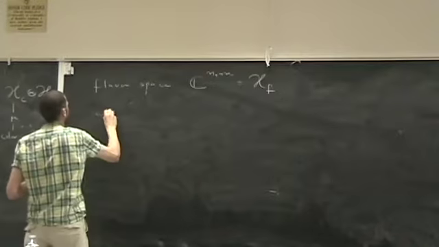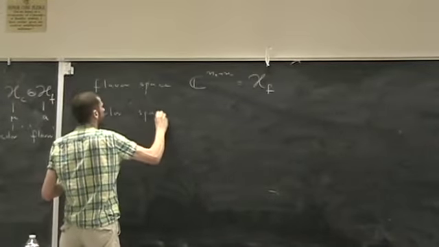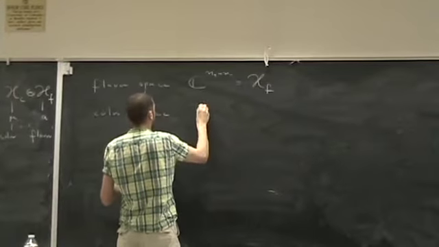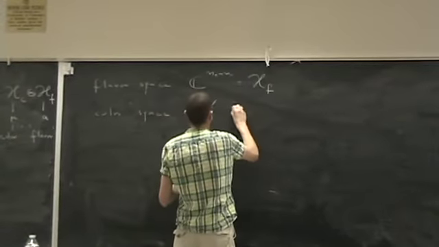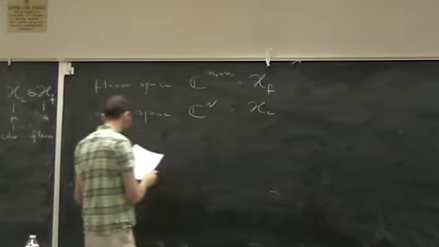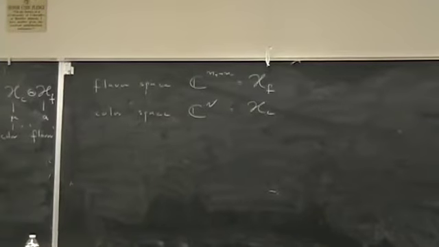Then we have a color space, which is C to the n, that is HC. Our psi's live in the tensor product of these two spaces.